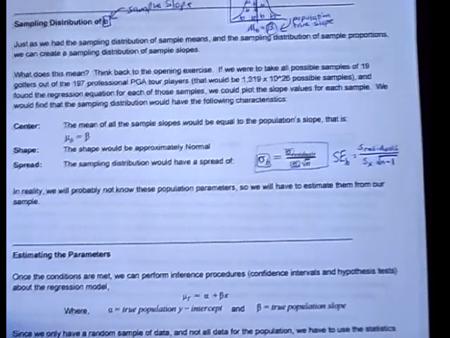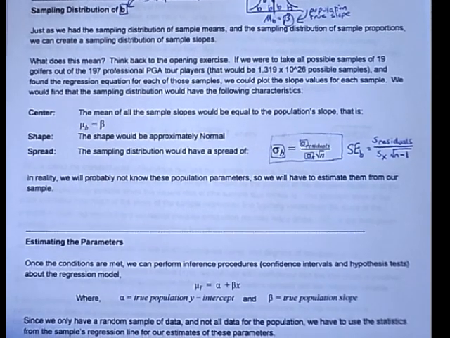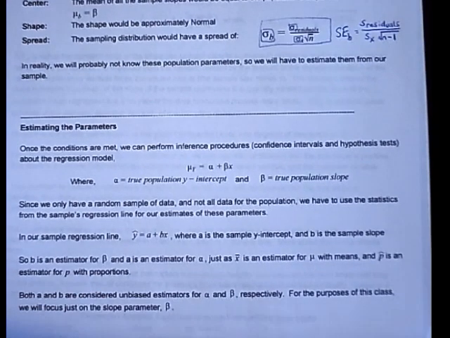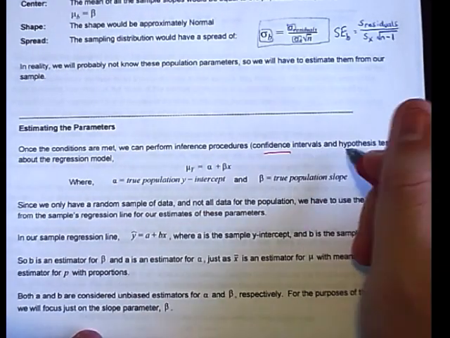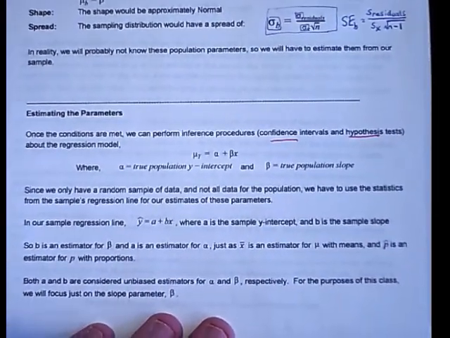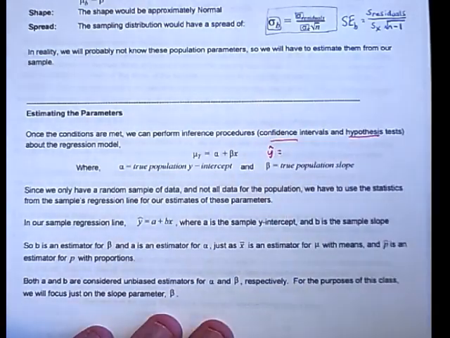All right. So to estimate these parameters, we can do one of two things. We can do a confidence interval, or we can do a hypothesis test. That's what this is saying. So when we do our y hat, we're just doing that for a sample.